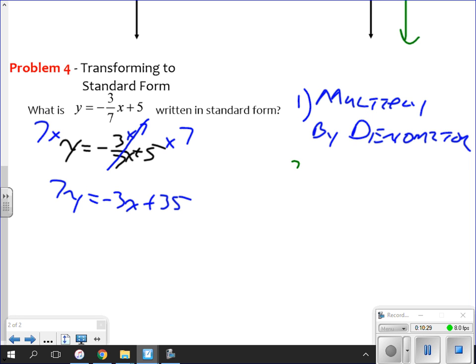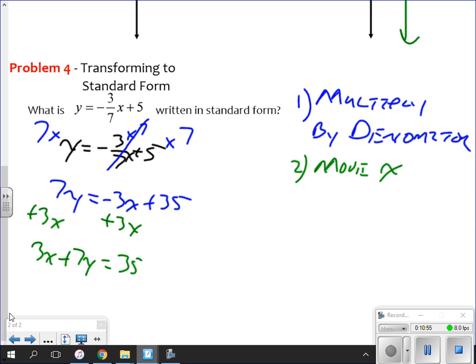Step 2. Move the x's. So I have to have x's and y's on the same side. Easy step, add 3x to both sides. 3x plus 7y equals 35.